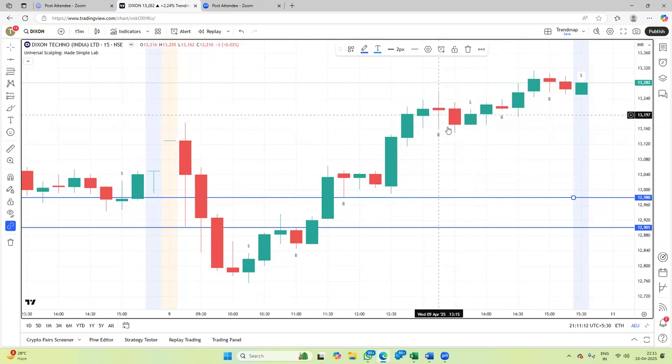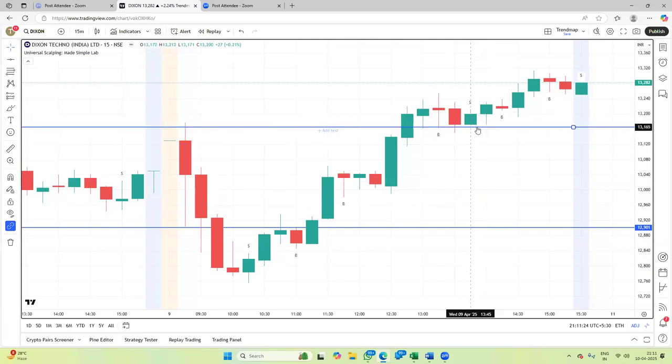Now a buy signal appears, because this high is not broken. You didn't move the stop loss, but a sell signal appears after this candle closes. Immediately you move the stop loss here, because if the low breaks, then you have to take the sell signal. You have to square up, which means you have to take the sell trade. So you have to close the buy positions, right?